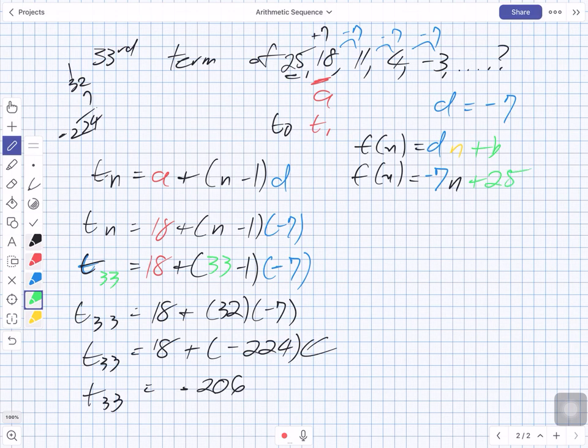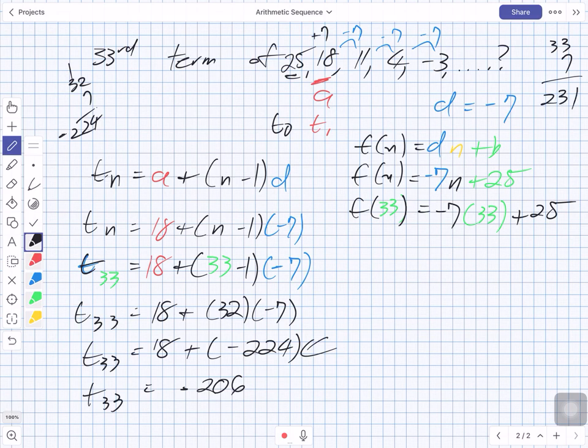Great. They want to find f at 33. So we have 33 in here, and this is how we're used to our function notation. Do you remember function notation? Times 33 plus 25. This time we have to do 33 times 7, which would just be 7 more than our last answer, so it should be 231.